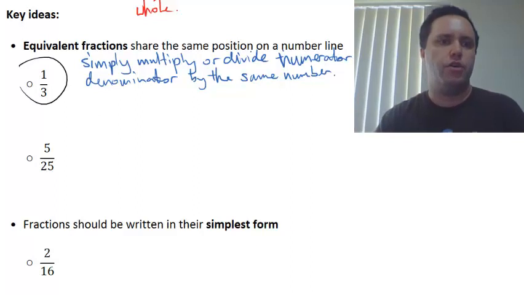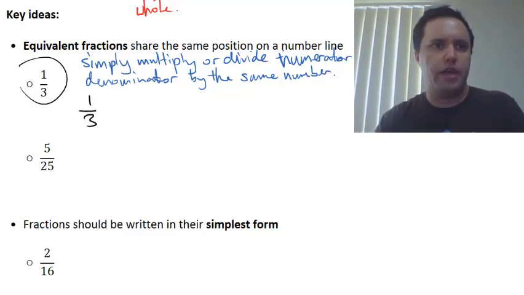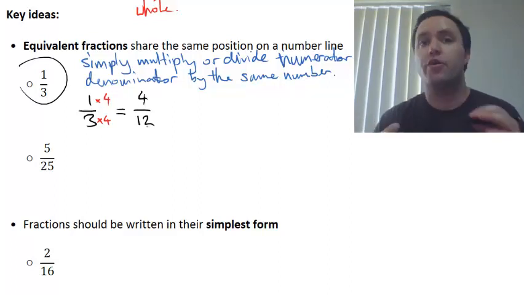Okay, so for this 1/3, let's have a look. We can multiply the top by 4, bottom by 4, and that becomes 1 times 4 is 4, 3 times 4 is 12. That means that 1/3 and 4/12 are equivalent fractions.